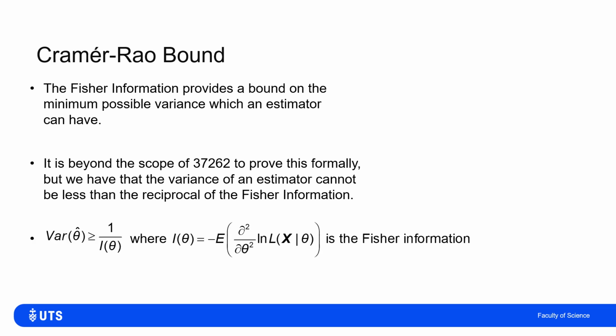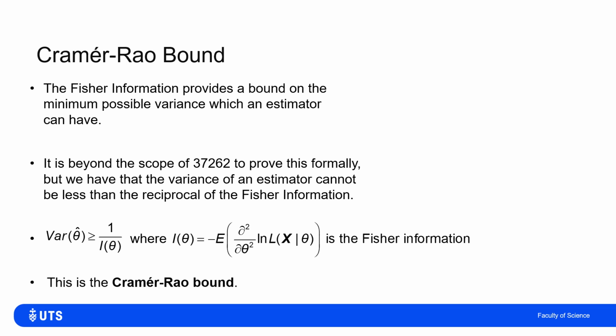So the variance of my estimator theta hat has to be greater than or equal to 1 on I of theta, where I of theta is the Fisher information related to the log likelihood of my sample set of observations x for the parameter theta.